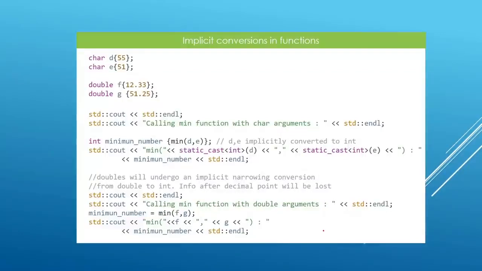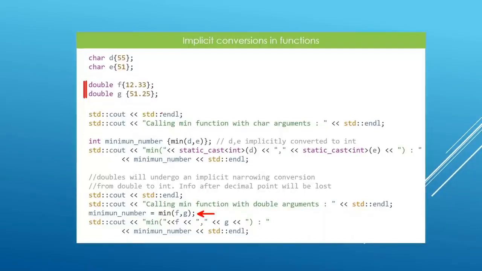One thing I want you to be careful about is implicit conversions that might happen when you are calling your functions. Suppose we have a minimum function like we see here, which is going to be taking in integer parameters. But here we are calling the function with f and g, which happen to be of double type like we see on top here. So what is going to happen is the compiler is going to notice that what you are passing in is not really what the function takes.